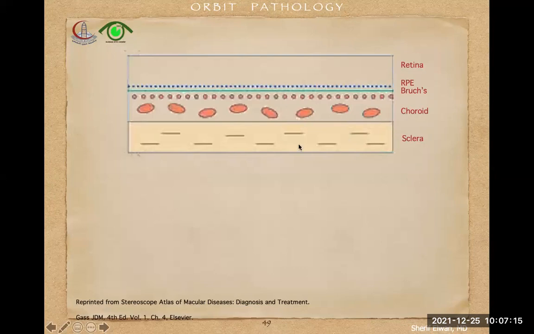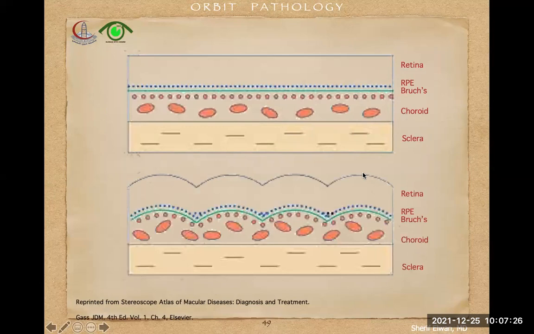Now, this is the retina. The sclera is compressible. The choroid is full of blood. And this is the Bruch's membrane with the retinal pigment epithelium above and the retina to the inside. When compression occurs, the raised area has the retinal pigment epithelium more dispersed. And this is the part that has got the pigment.